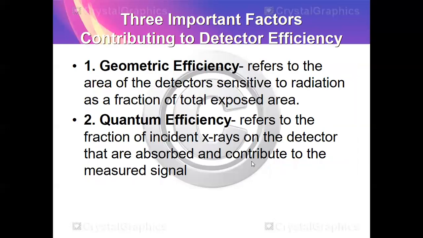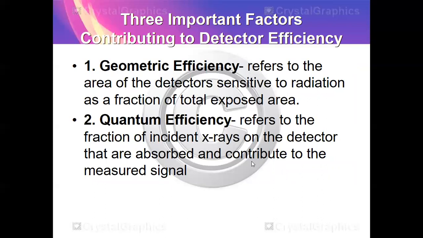There are also three important factors contributing to detector efficiency. Ito yung mga factors na nag-determine kung gaano ka-efficient yung ating detector when it comes to absorbing X-rays and converting it into signals. We have the geometric efficiency, quantum efficiency, and conversion efficiency.